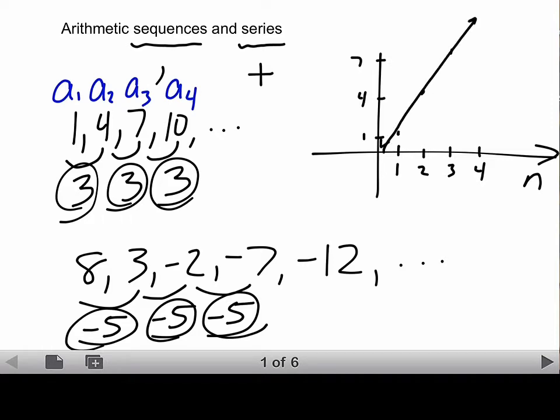Now, it's not actually a line, so let me get rid of that. They're dots, because they're just term by term, but the dots line up in a straight line. That's characteristic of an arithmetic sequence.